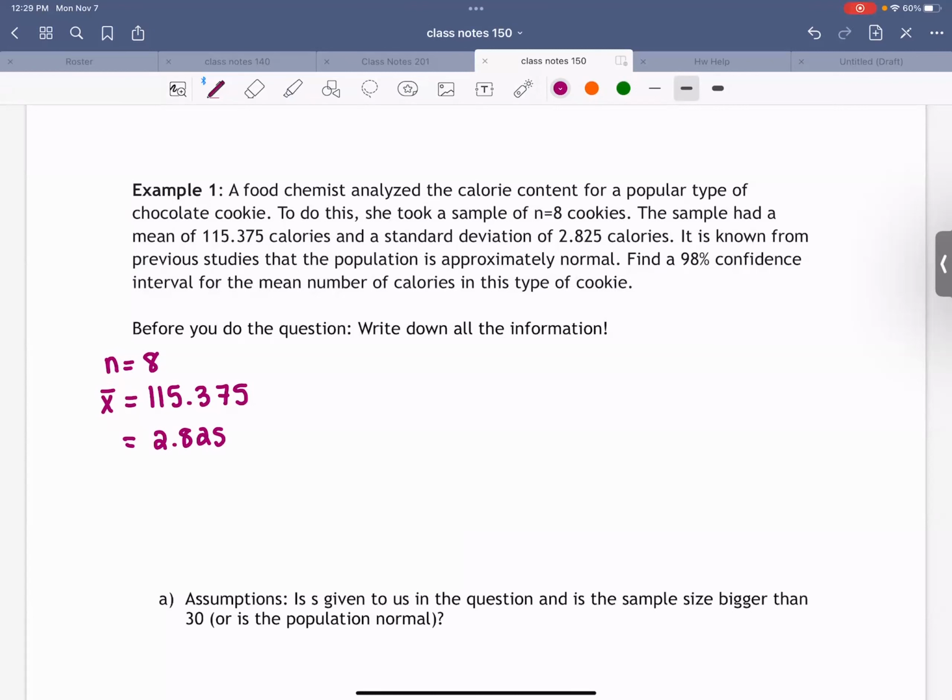That's the beginning of the sentence that mentioned the standard deviation as sample. Yeah, right. It's literally in the same sentence as when we introduce the sample. It's not saying based on previous studies, the standard deviation is this, right? It's literally in the same sentence as the sample. So because of that, I know this is the sample standard deviation. So what symbol is this going to have? S, good. All right, we want to find a 98% confidence interval for the mean number of calories.